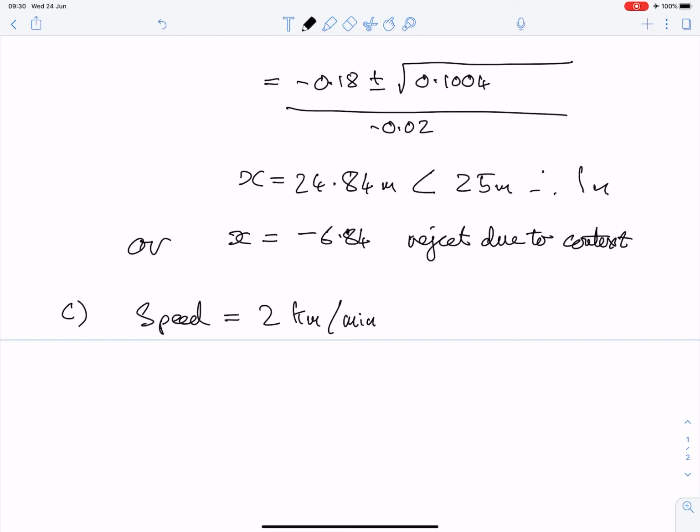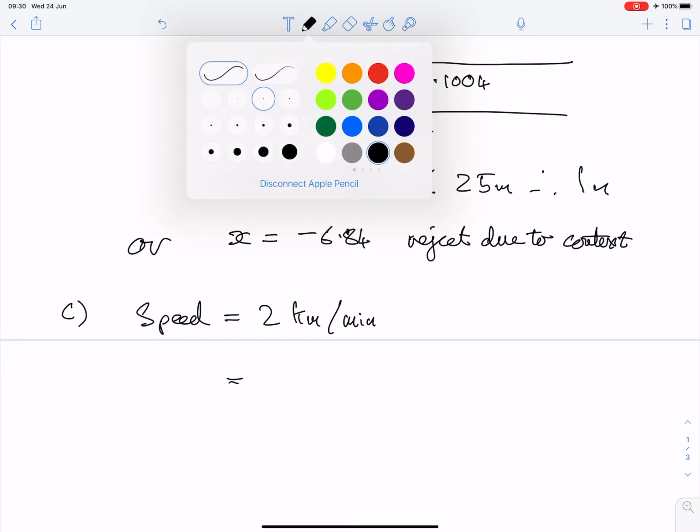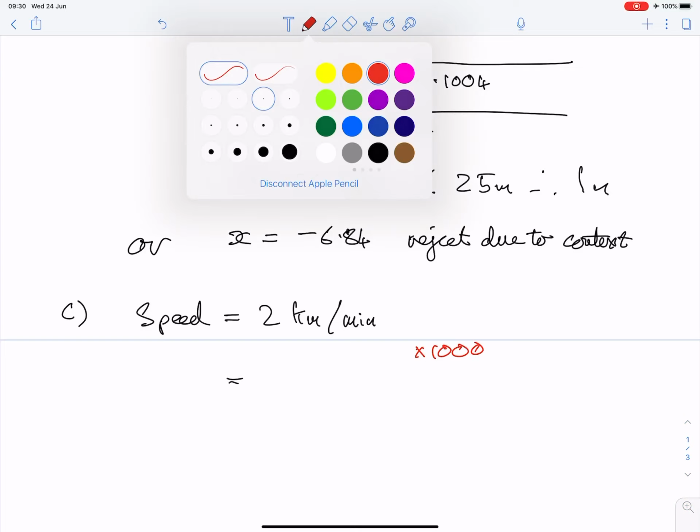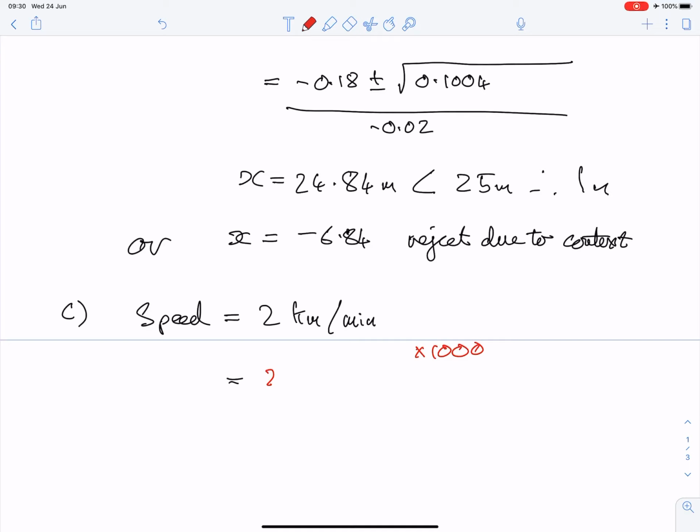And we've got to convert it to meters per second. So multiplying by 1,000 will give us 2,000 meters per minute.